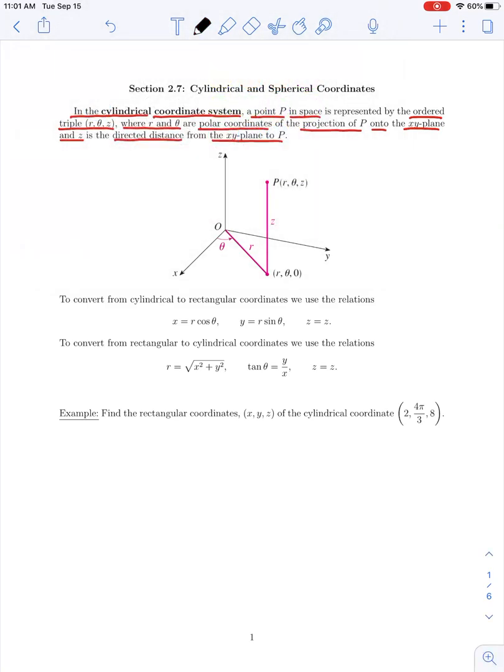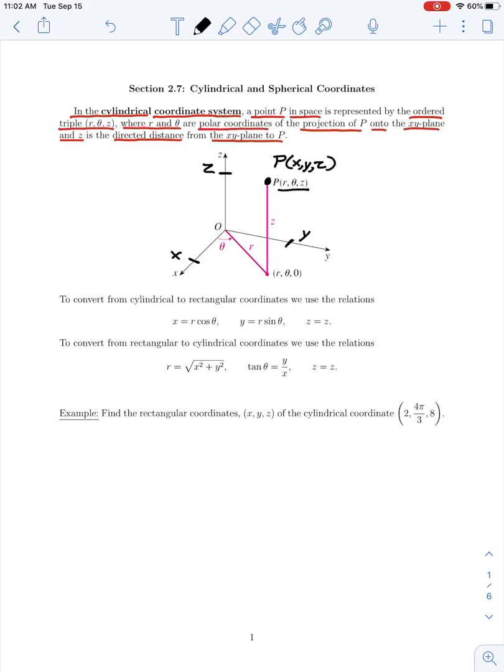Here I've got a point P plotted, and we can represent this point P either in its rectangular coordinates, x, y, and z, where x would be the distance we've moved along the x-axis, y, the distance we've moved along our y-axis, and z, the distance that we've moved vertically along the z-axis.